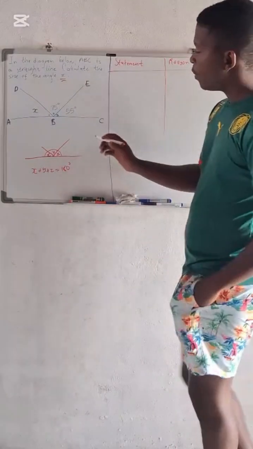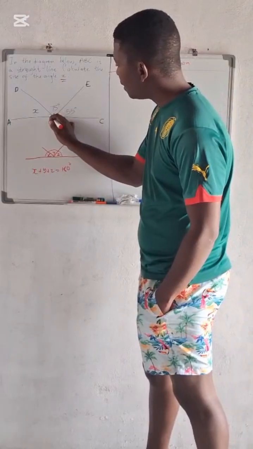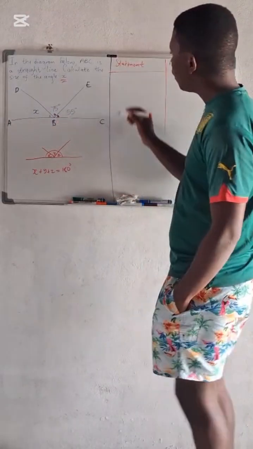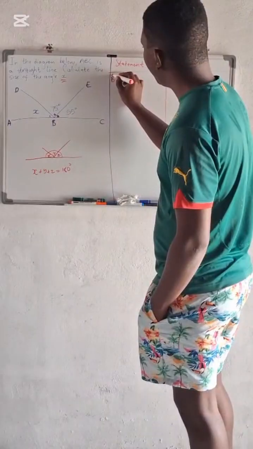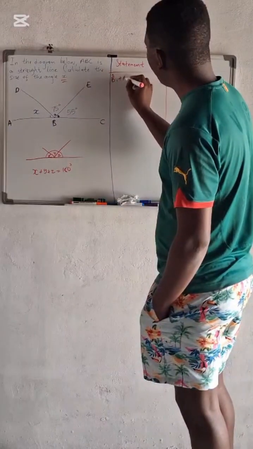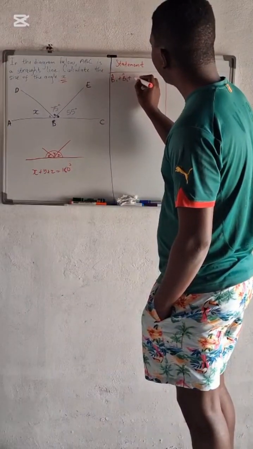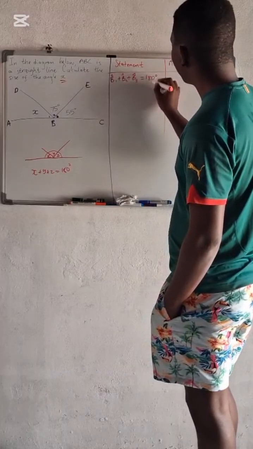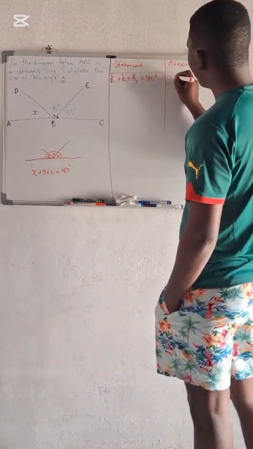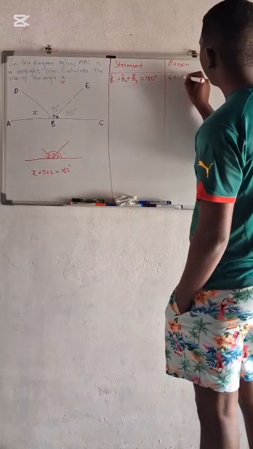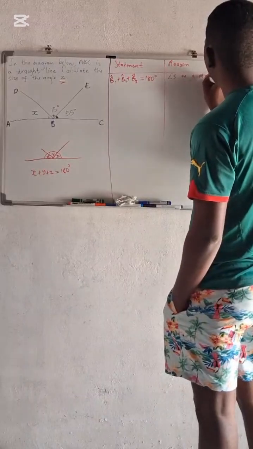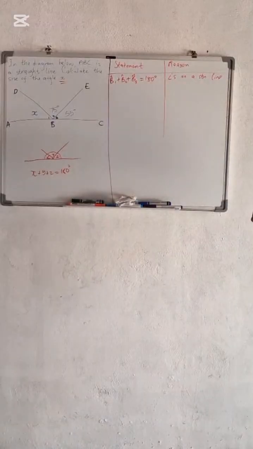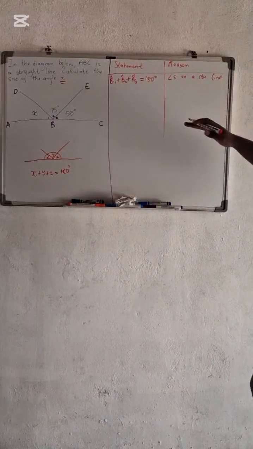So as you can see, grade 9, this is B1, this is B2, this is B3. So we're gonna say angle B1 plus angle B2 plus angle B3 is equal to 180 degrees. That is your first statement, and your reason is these are angles on a straight line. Then you are done. Simple, straightforward, simple English.